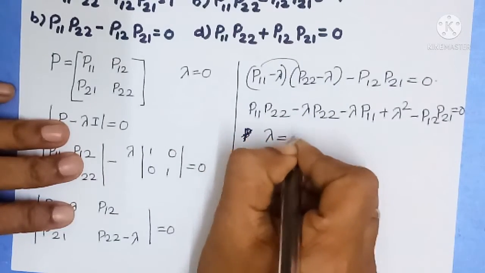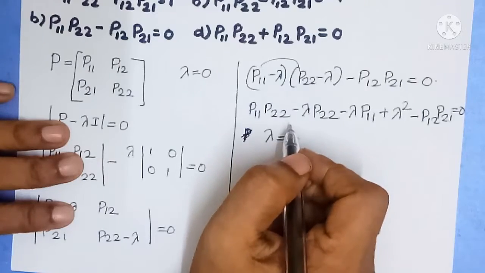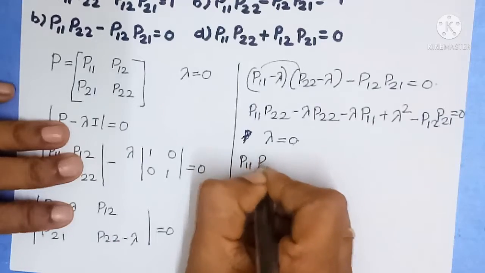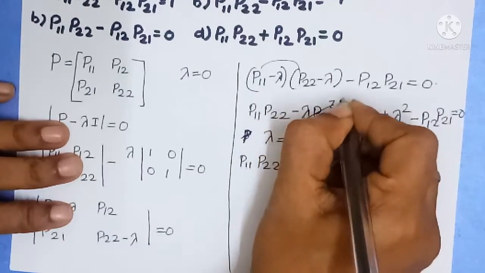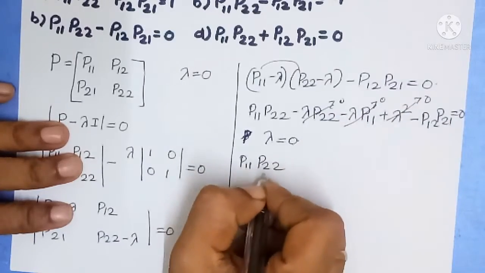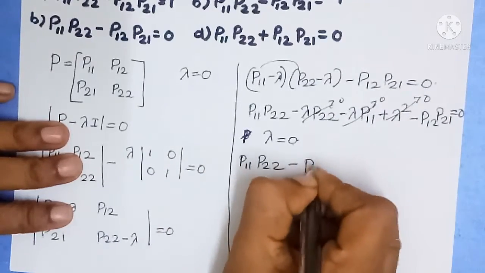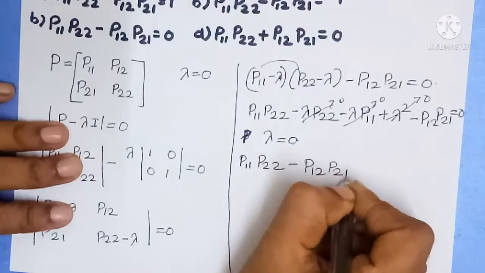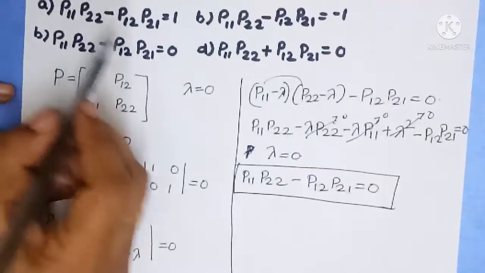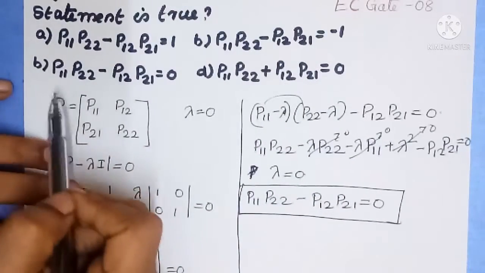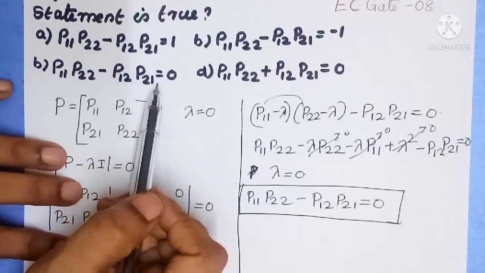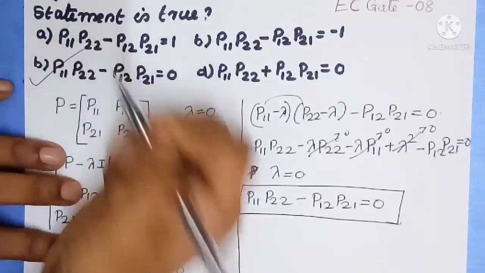That means lambda is equal to 0. So here we can substitute lambda is equal to 0. So we will get P11 P22. The lambda terms become 0. So we will get P11 P22 minus P12 P21 equal to 0. We can check the options: P11 into P22 minus P12 P21 equal to 0. So option B is correct.